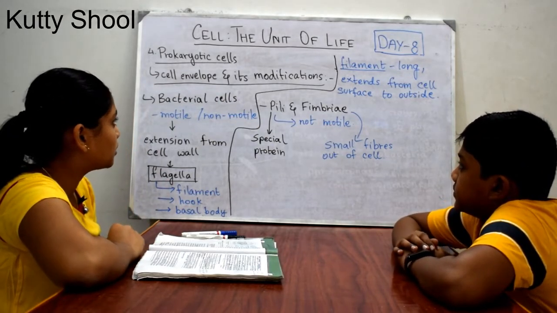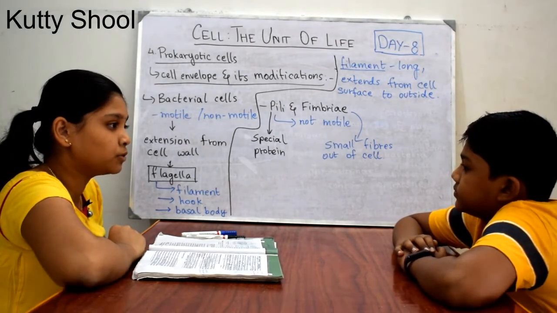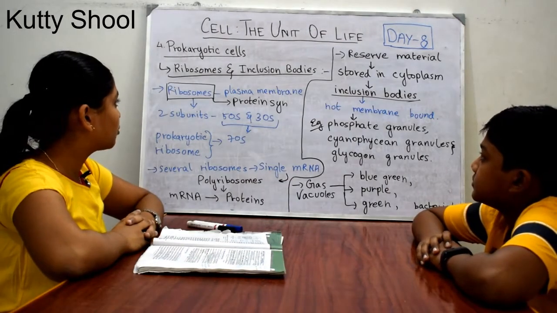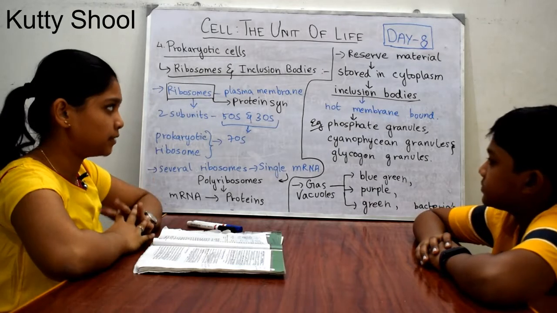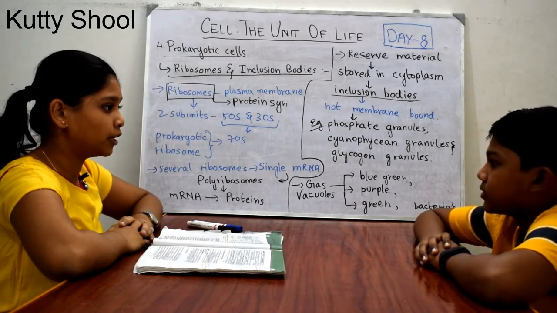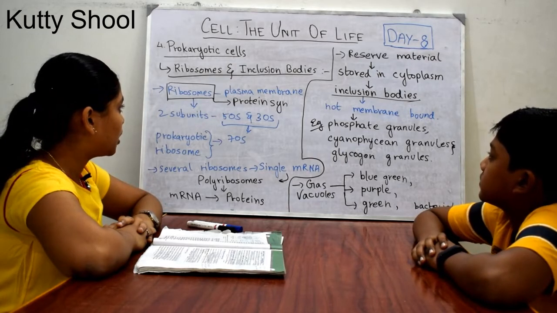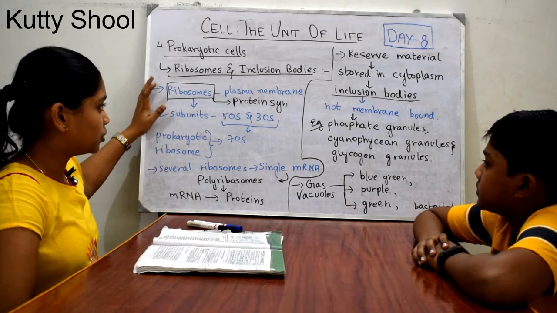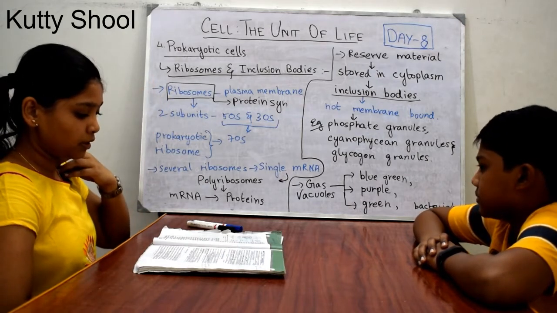Next we discuss the second subtopic under prokaryotic cells, which is ribosomes and inclusion bodies. We will discuss separately what ribosomes are and what inclusion bodies are. Ribosomes are associated with the plasma membrane.